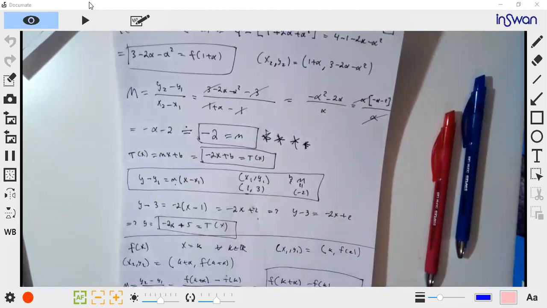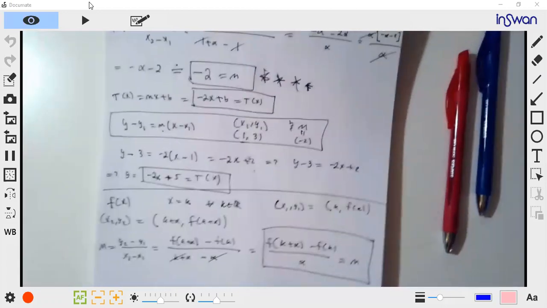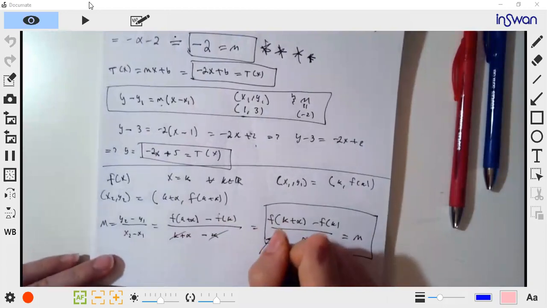What does that look like to you? What does that remind you of? And you hopefully should be able to see it. Just think about what that equation looks like and if it's familiar to you at all. It should be familiar to you. This is equal to the slope of the tangent line to the function.